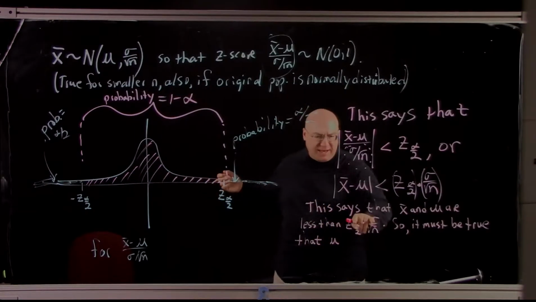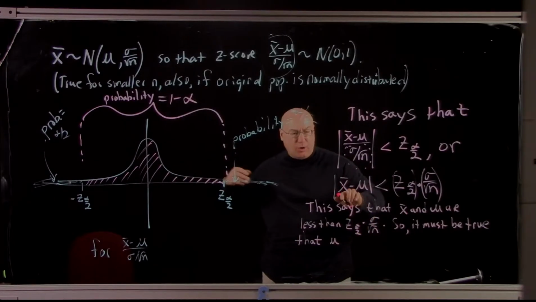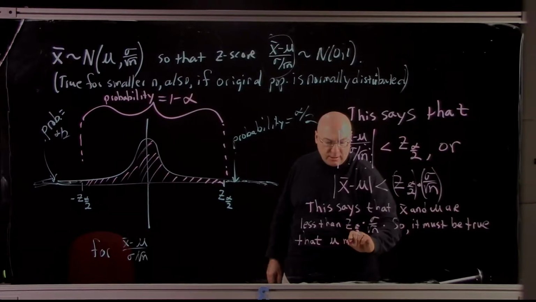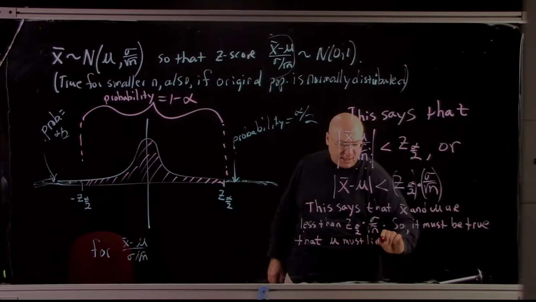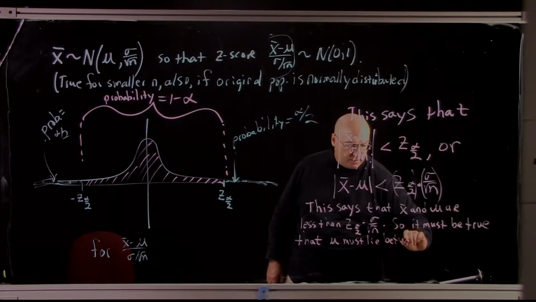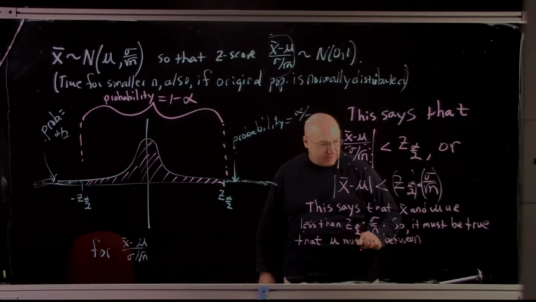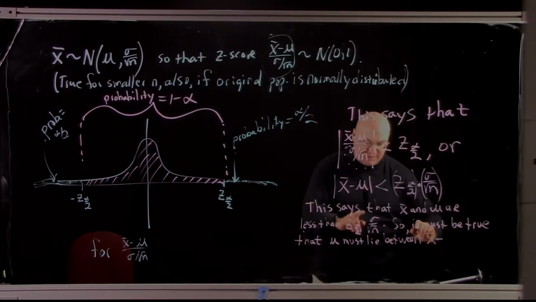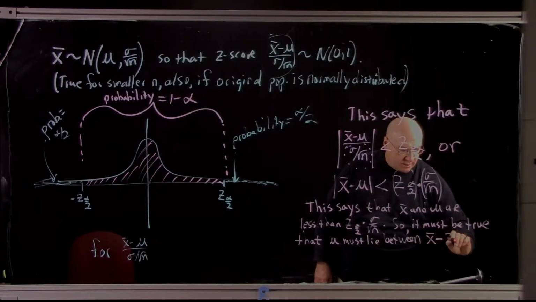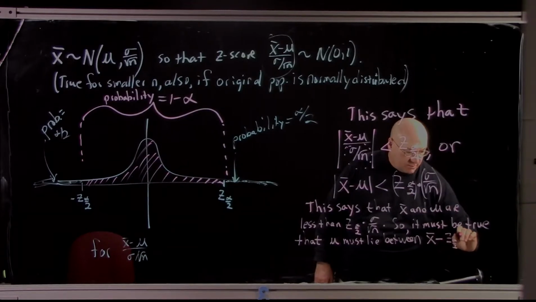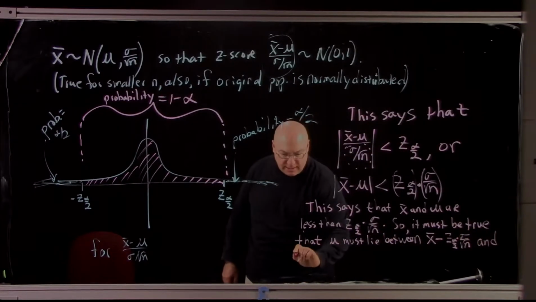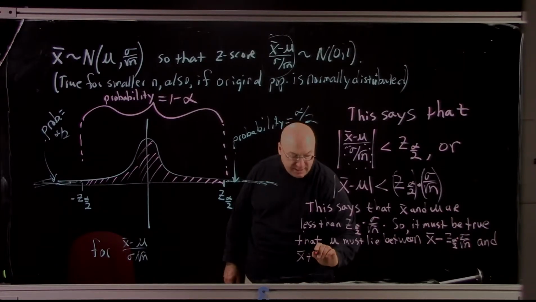It can be no more than that distance away below or that distance away above. So mu must lie between x bar minus this number and x bar plus this number.